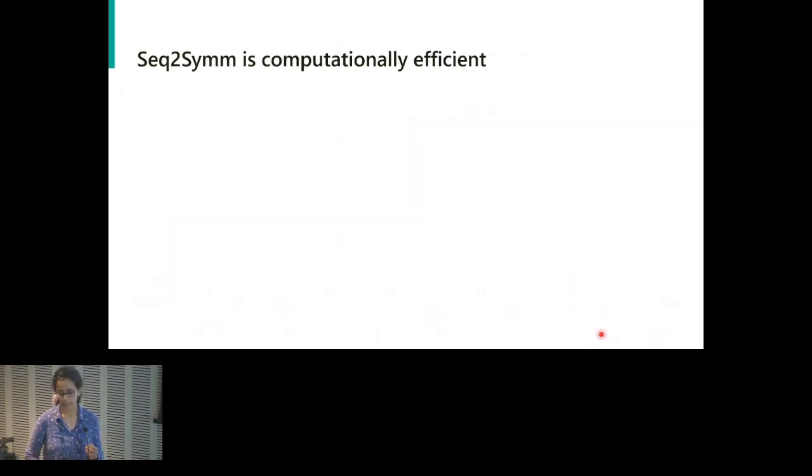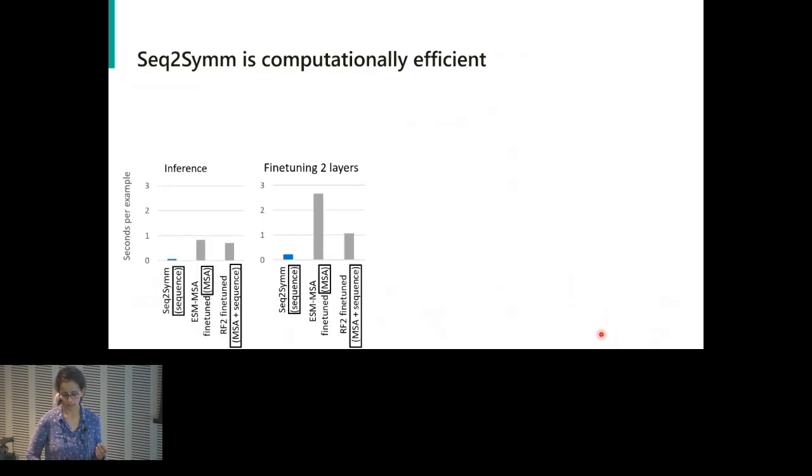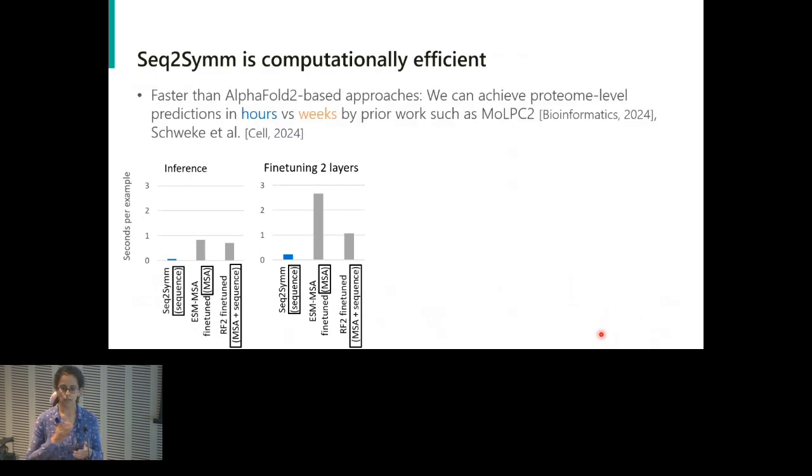If you compare the model inference and training time, since SIG2SIM is only using protein sequence, it is computationally efficient compared to the MSA-based methods such as Rosetta Fold or ESM-MSA. And even when you consider end-to-end 3D structure generation, we find that it's faster than AlphaFold 2 based approaches, which have to do this exhaustive search where they search over all possible number of copies.